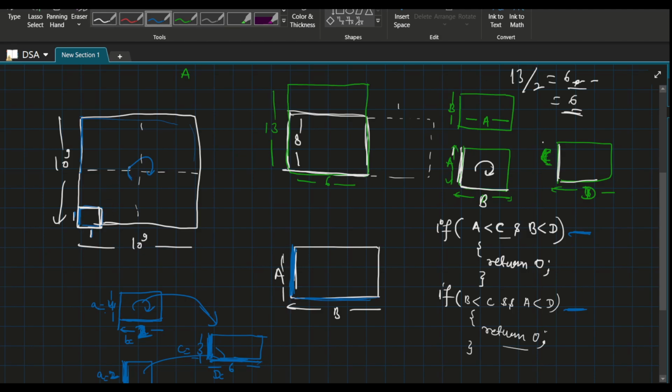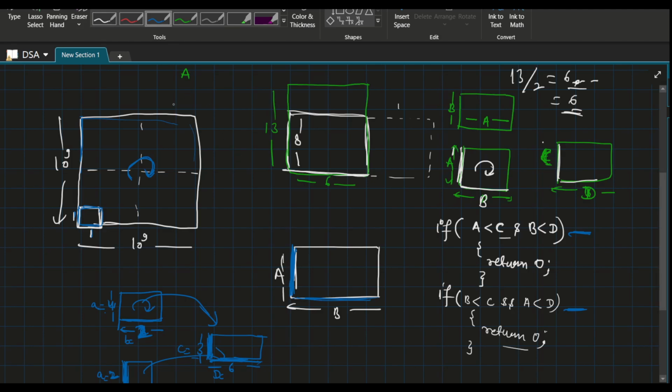So if we turn our carpet, then also a is greater than d. So a is greater than c as well as greater than d. So it is greater than both of its lengths. And if b is also greater than both of its lengths, it means that we have to fold our carpet from both sides.